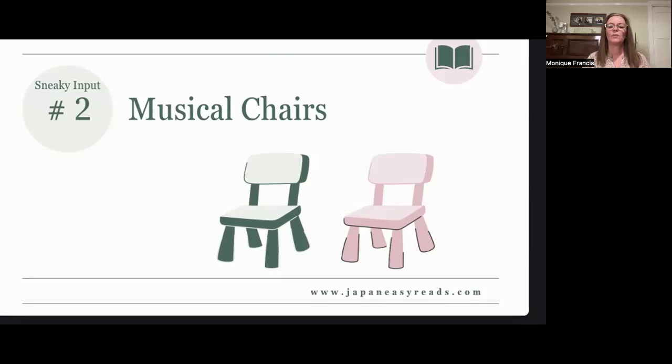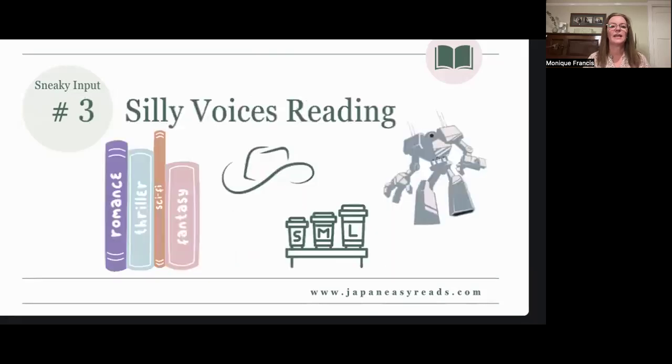So moving on to number 3, sneaky input number 3 is the silly voices reading. I did write a blog post about this one, and it is really fun. So the class is divided into two groups.